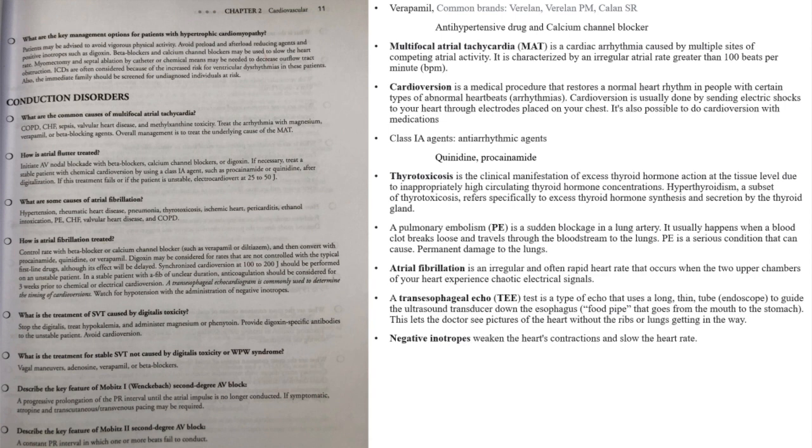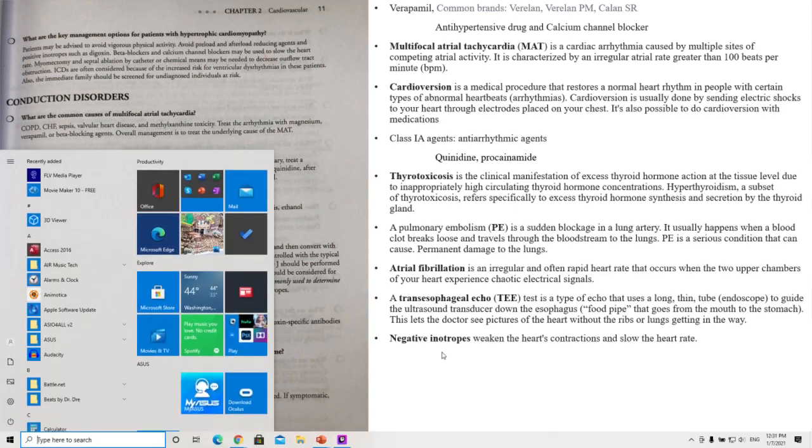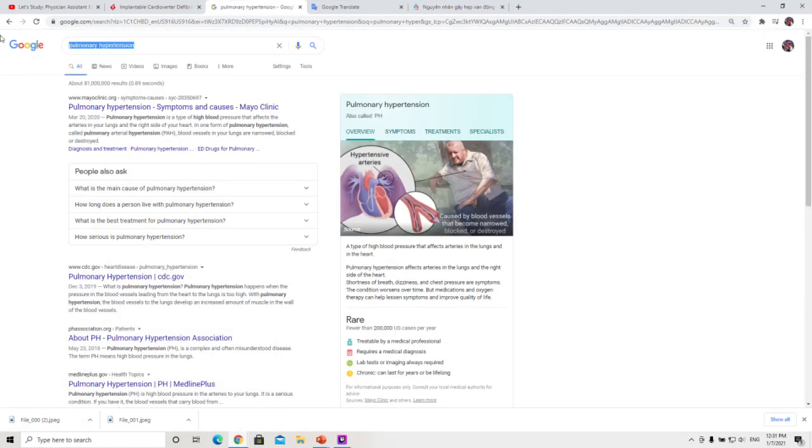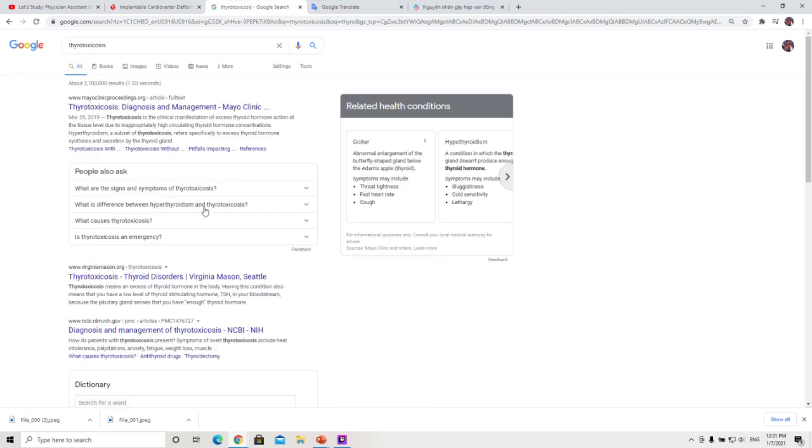So how the body normally works: your brain sends signals to an organ and tells it to make hormones. I think the brain sends a hormone to tell the thyroid to, wait, let me see. Thyrotoxicosis. What is the difference?